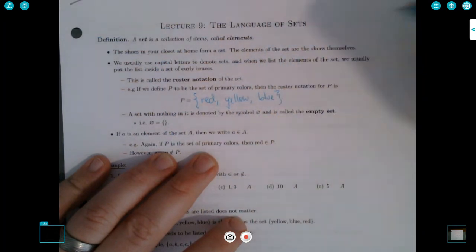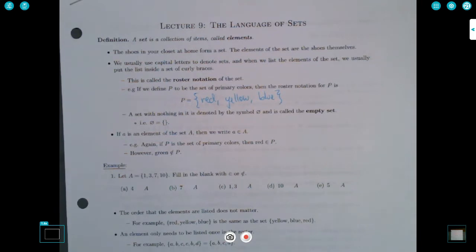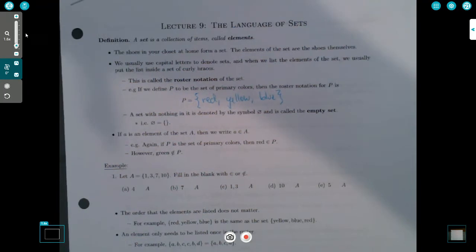Those are the primary colors. And so if we're giving the roster notation of the set, then we list those colors in curly braces, as we've done there.